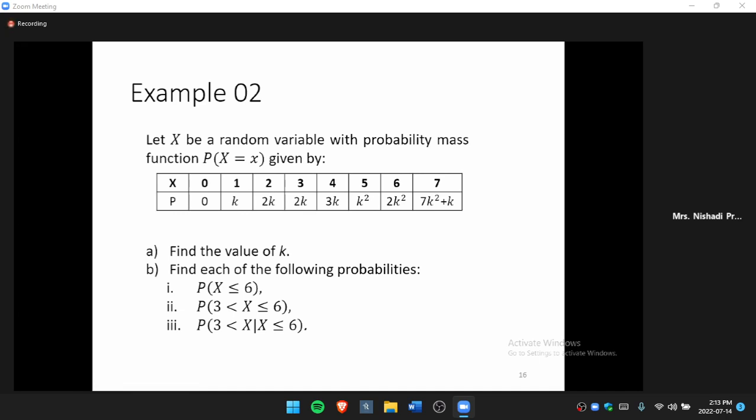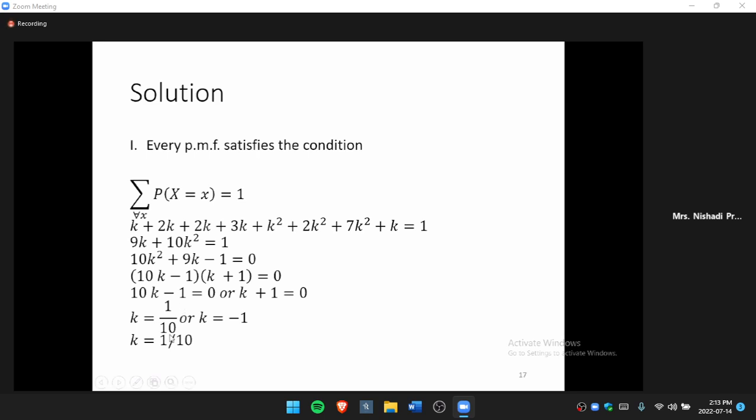Therefore, we have to accept only the value 1 over 10, not minus 1. We choose 1 over 10 as the value of k. Understand? So this is the procedure to find the value of k in a given probability mass function.